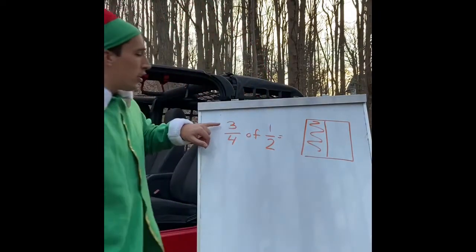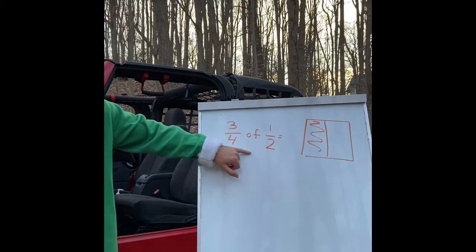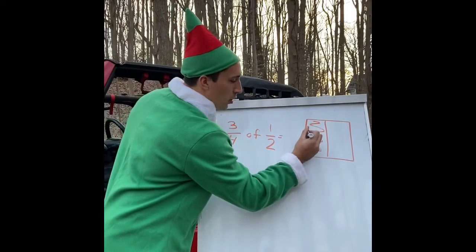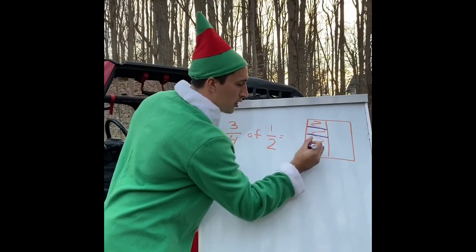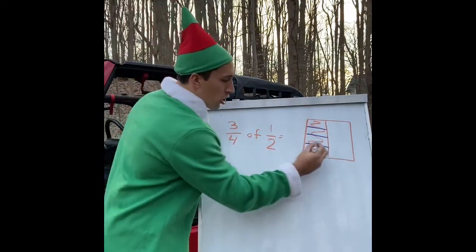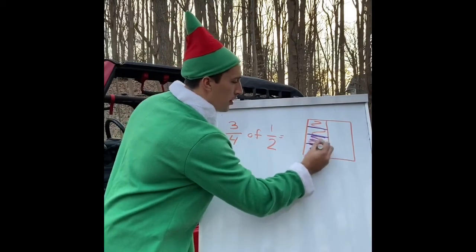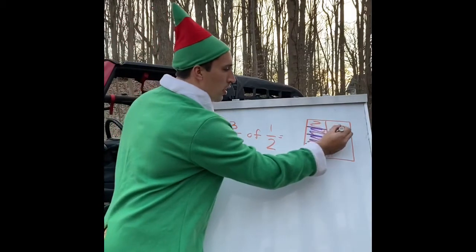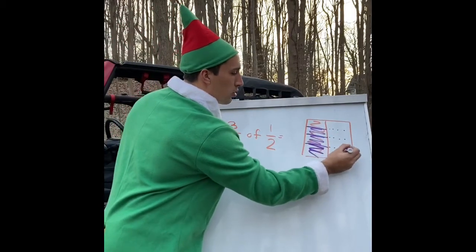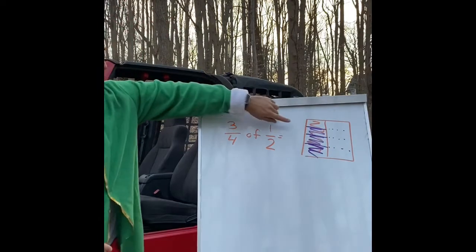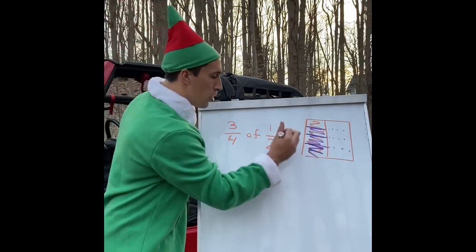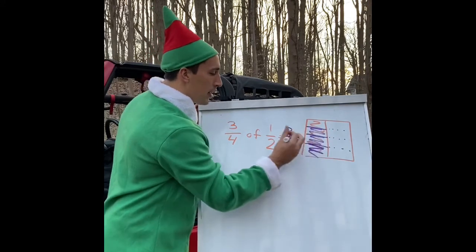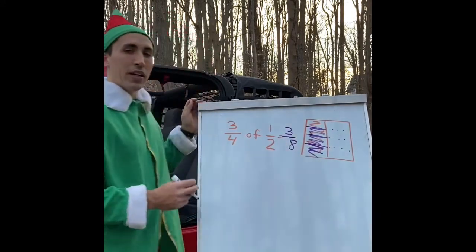Now, I know 3/4 of 1/2. So I need 3/4 of this half. So I'll cut this into 4ths and I'm going to shade in 3/4. Now when we see what the total is, I want to see what those 3/4 equal to in the whole. So I have 1, 2, 3 out of 1, 2, 3, 4, 5, 6, 7, 8. 3/8 is my answer.